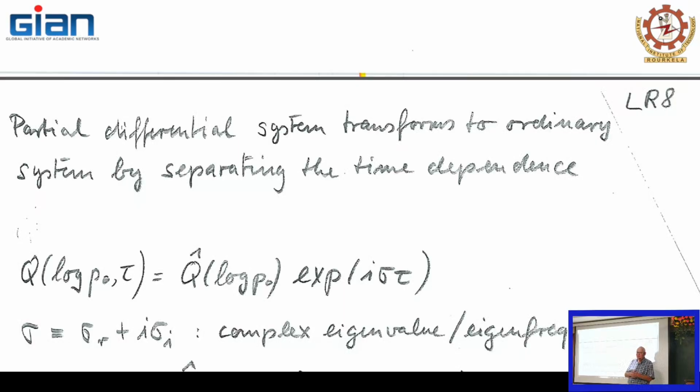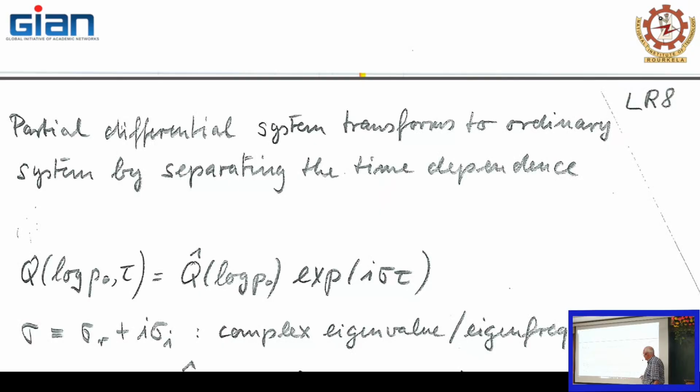It's just a multiplication with the quantity i sigma. The second time derivative will then give a multiplication twice, which gives a multiplication with minus sigma squared.